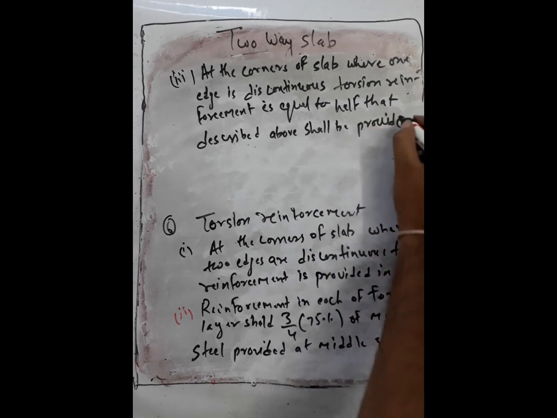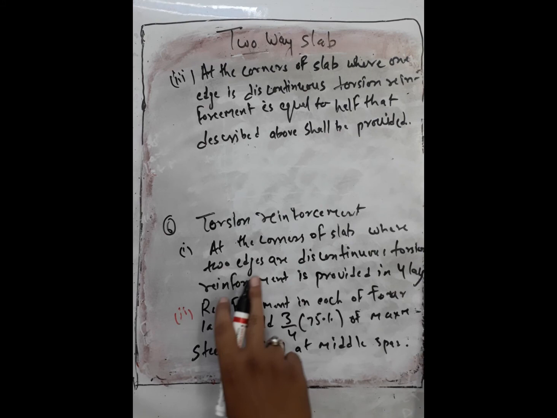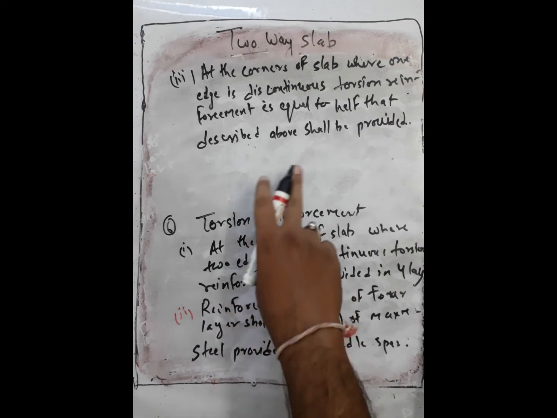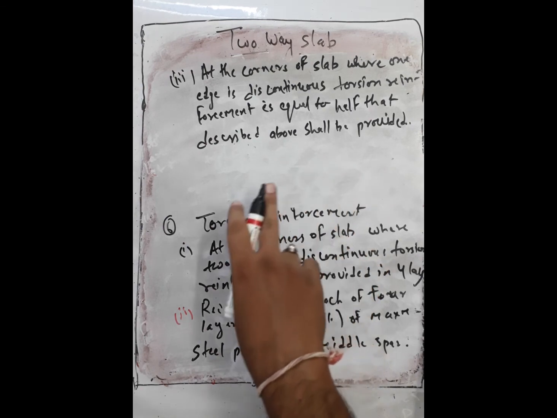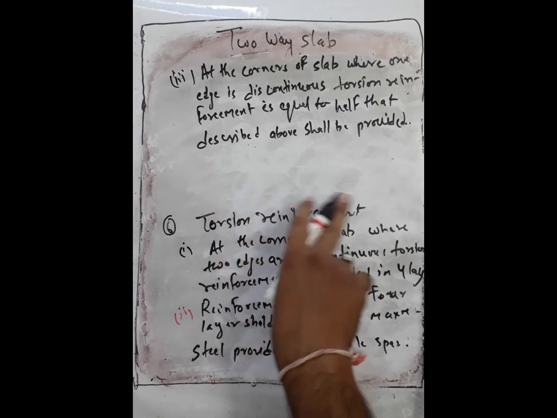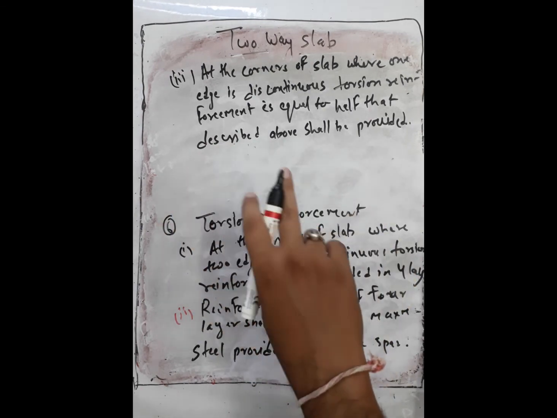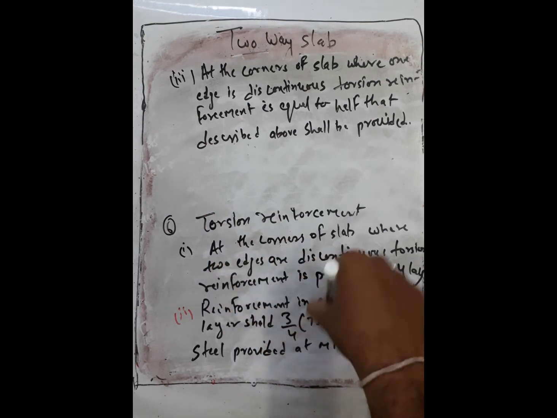Means this is the condition when two edges are discontinuous, and in the condition where one edge is discontinuous, we have to provide half of that described above, means half of this part.